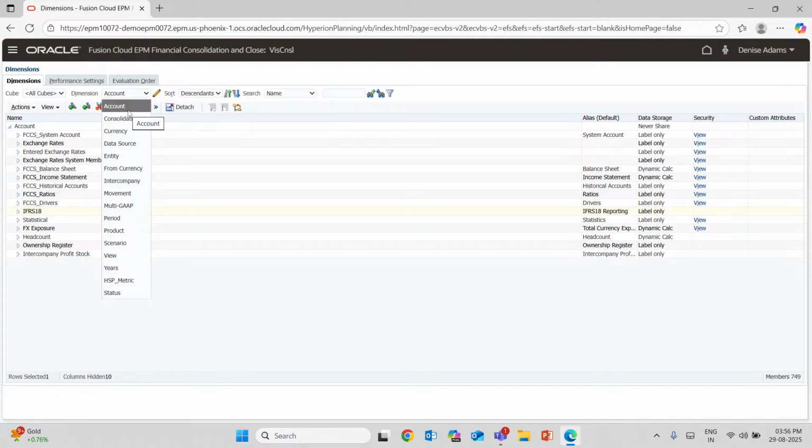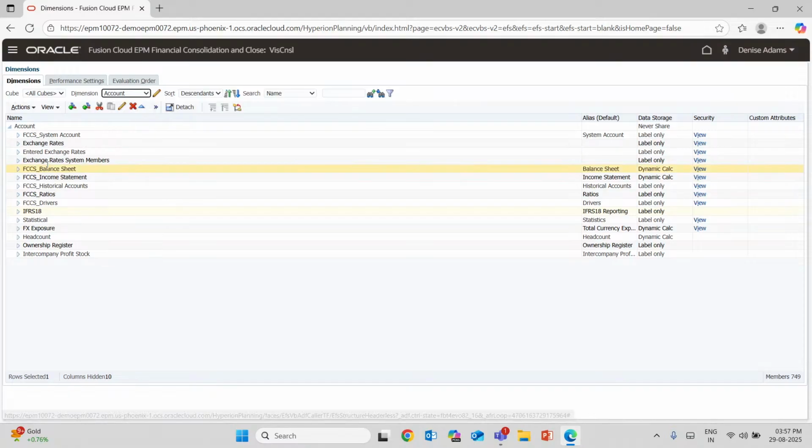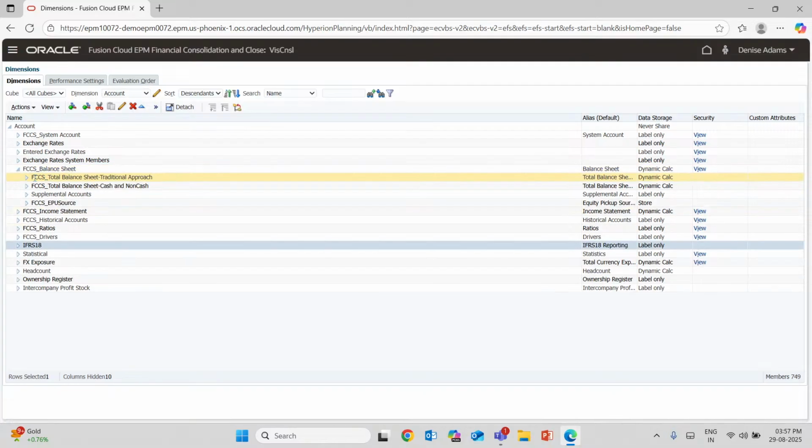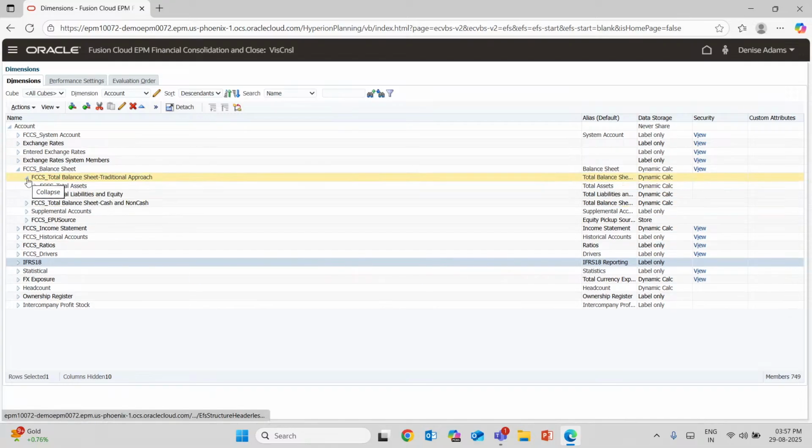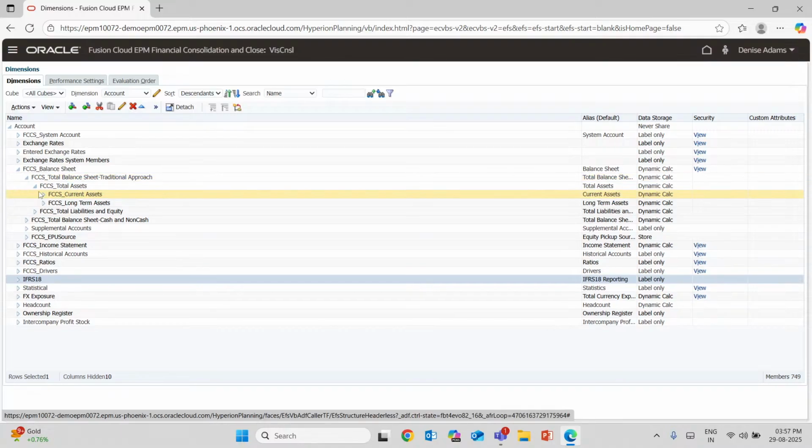First I start with the account. If I open the balance sheet, we have all the accounts over here in our traditional balance sheet. Now I'm drilling it down, going into the zero level descendant members to the base level.